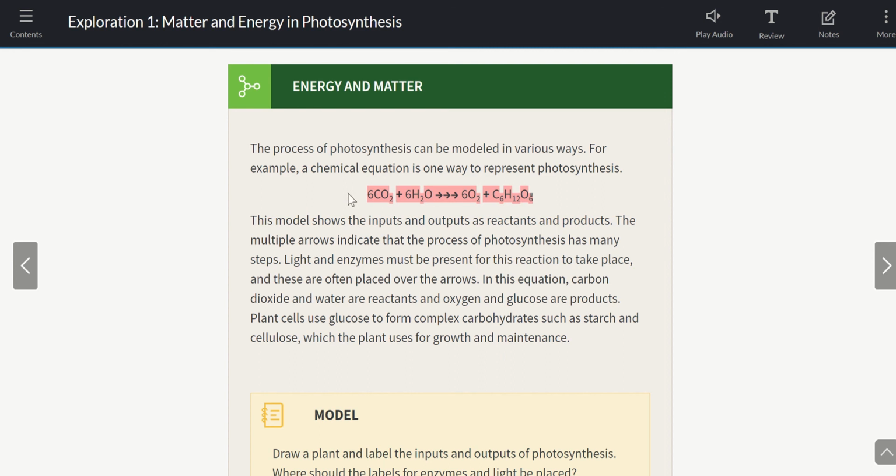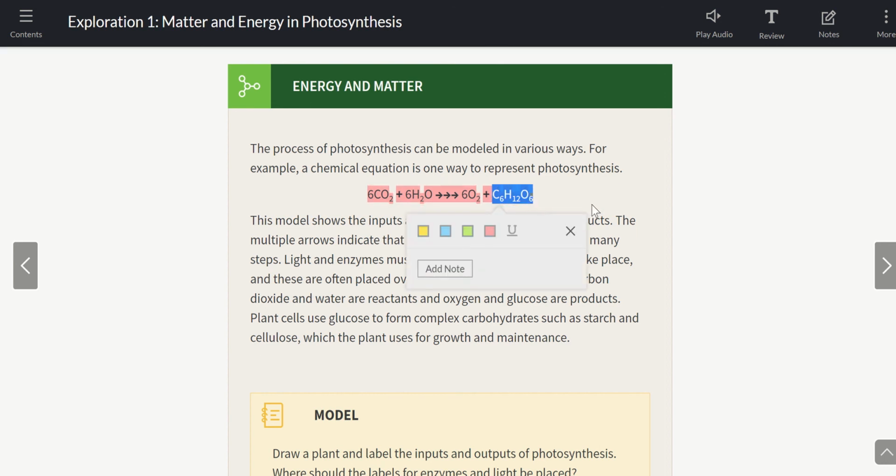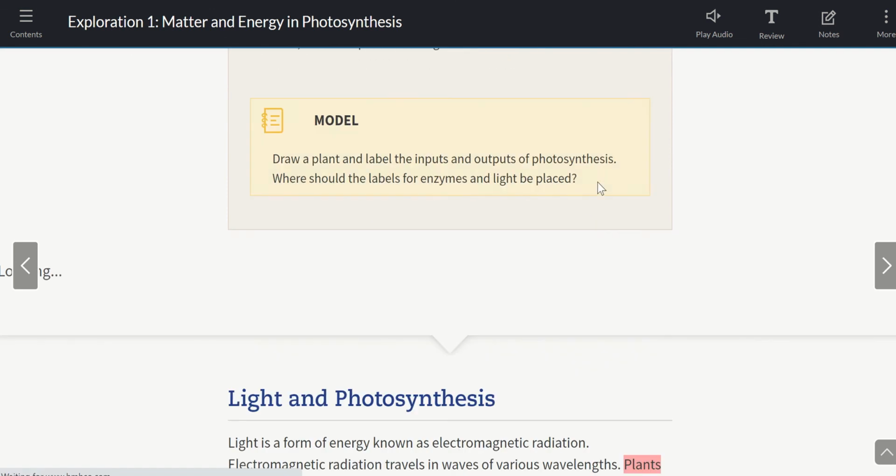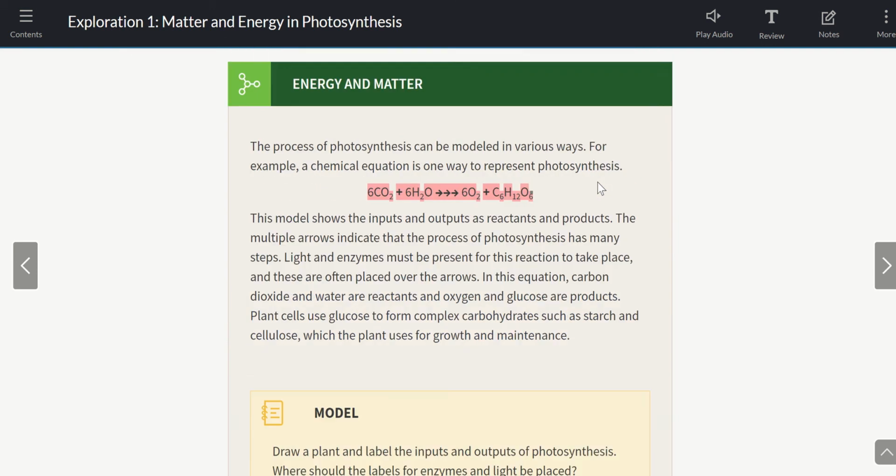They're also going to take in sunlight energy. And when we do the chemical reaction, plants create oxygen, O2, which is what they release. And then this right here is glucose. And this is where the energy goes. The energy is going to be trapped in here.